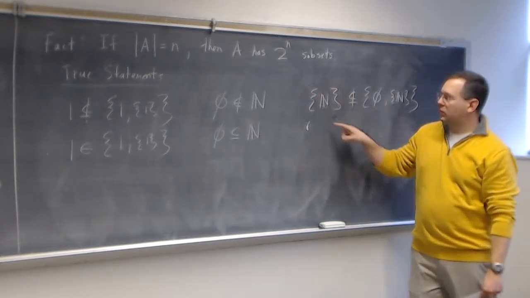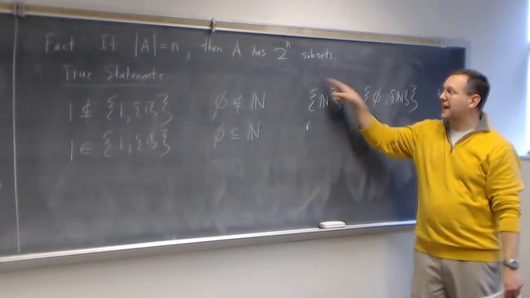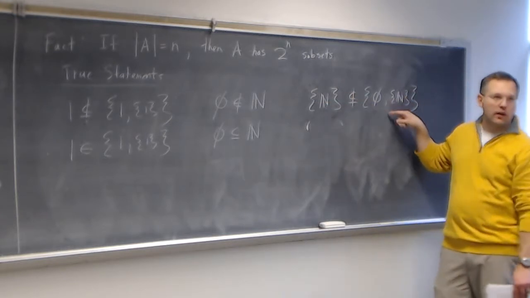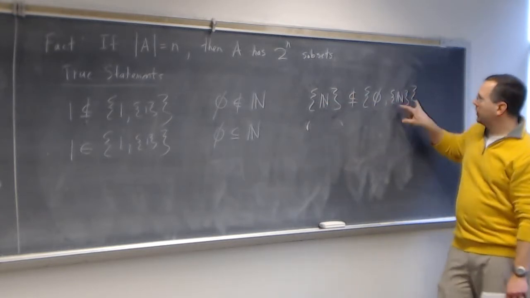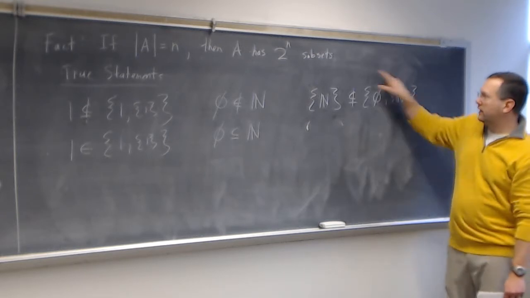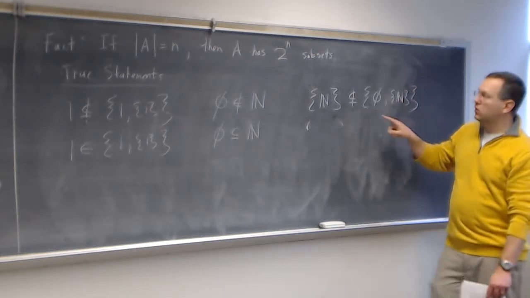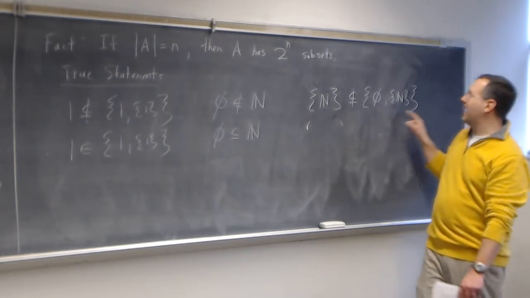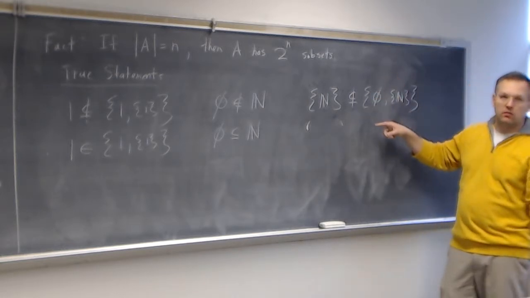What's probably causing confusion is that you see this exact thing written right here. But right here, this is an element of this big set. So this set right here is an element of this set.